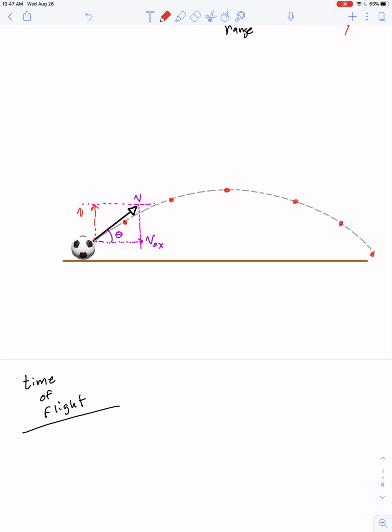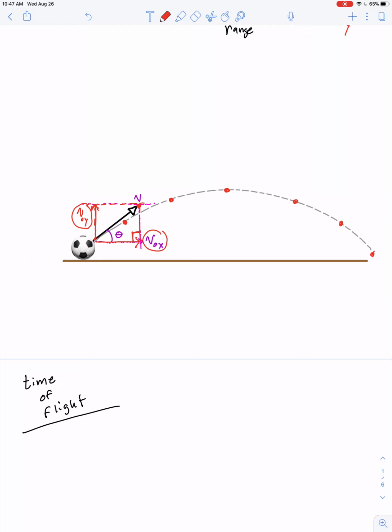So the length of the velocity components, both the horizontal velocity component and the vertical velocity component, the length of those vectors is established by making a parallelogram. And then we can see that the components really just form the sides of a right triangle.